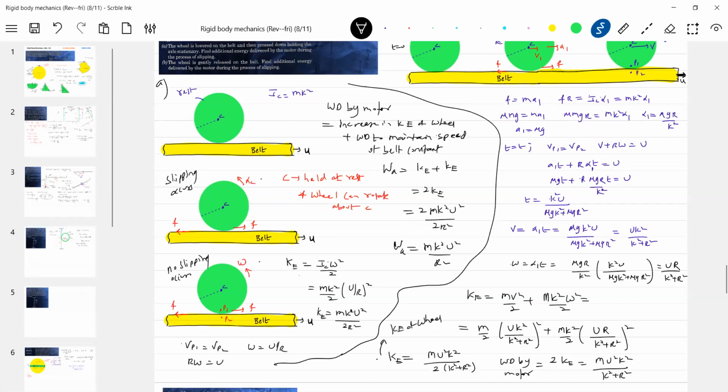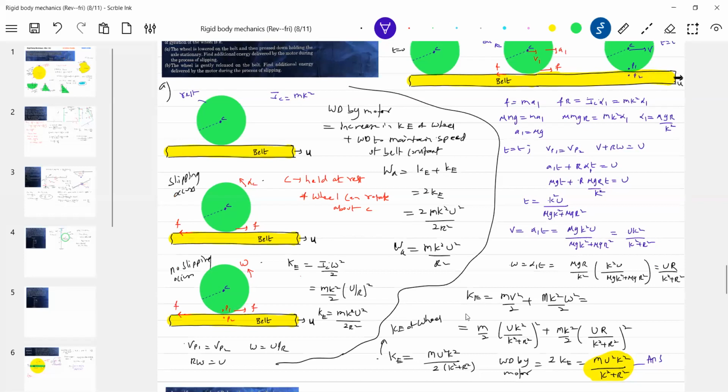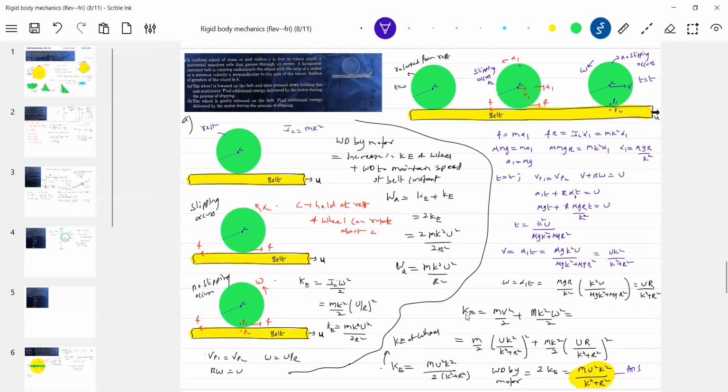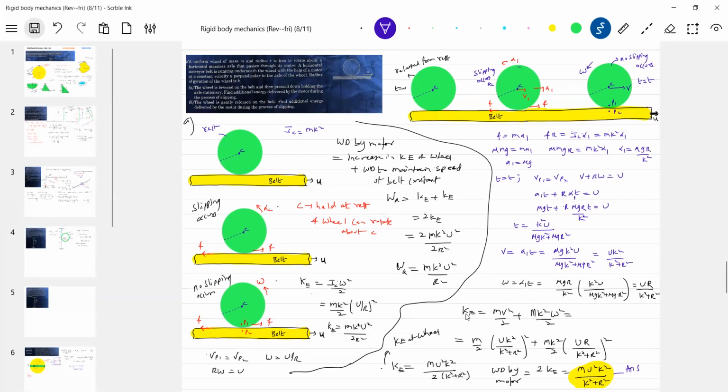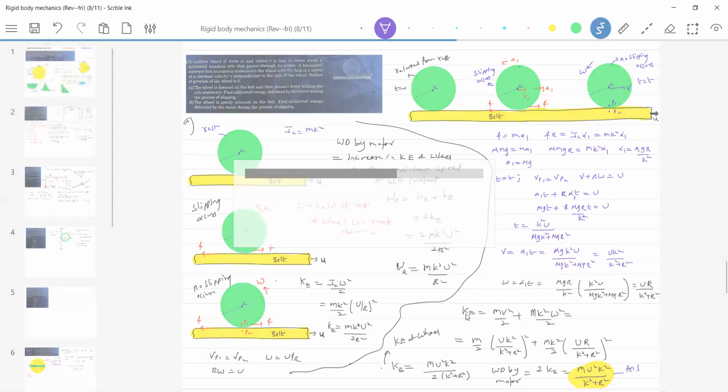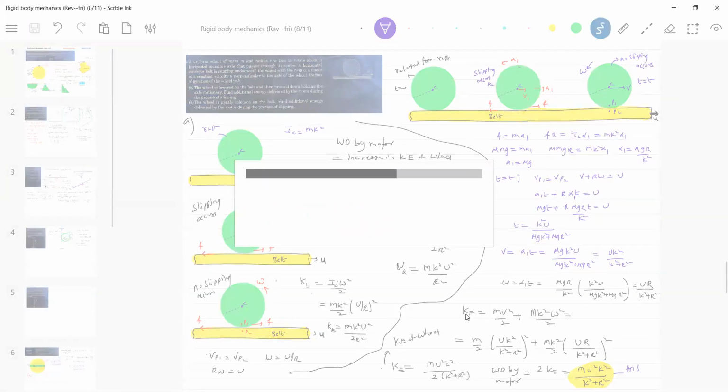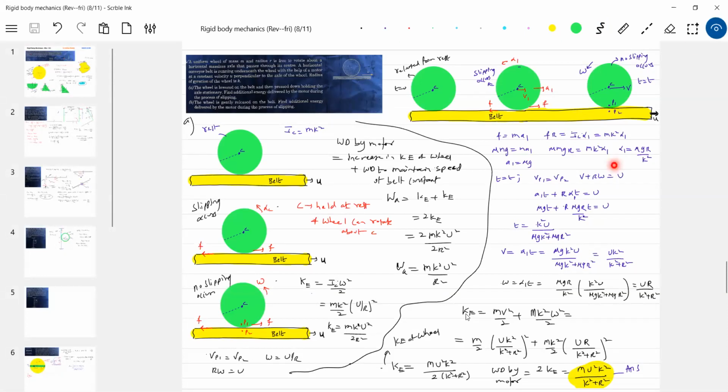This will be your answer, second part. Or directly you can do force into displacement, F into Ut, where F equals mu mg, and we know t, which anyway has to be determined. What work the motor does on the belt, the same work it has to do here. The total work done will be the sum of these two.